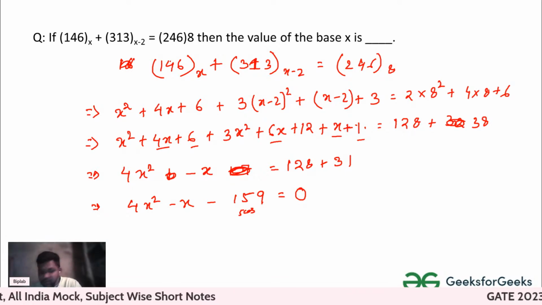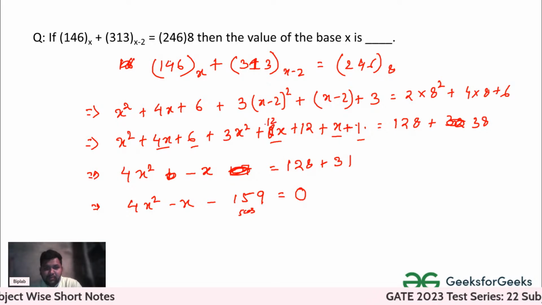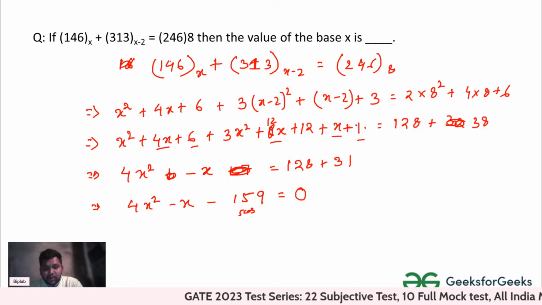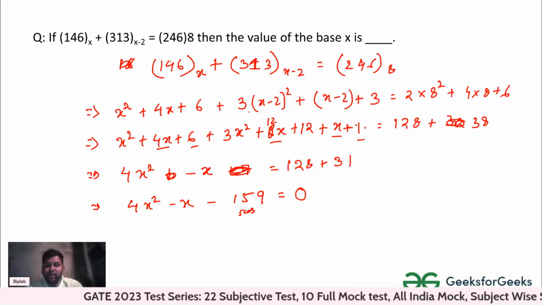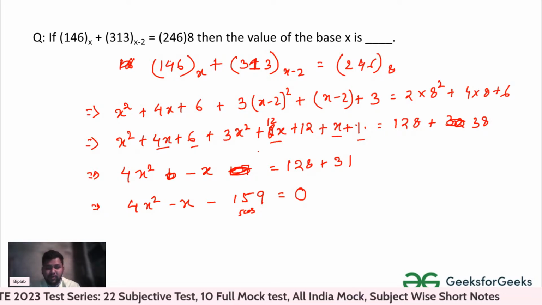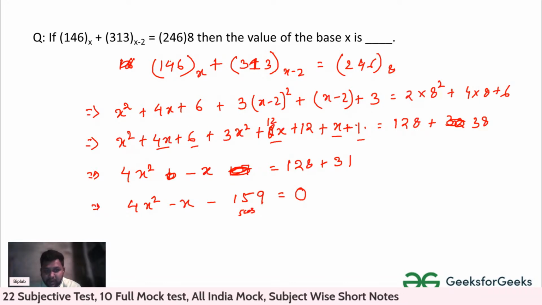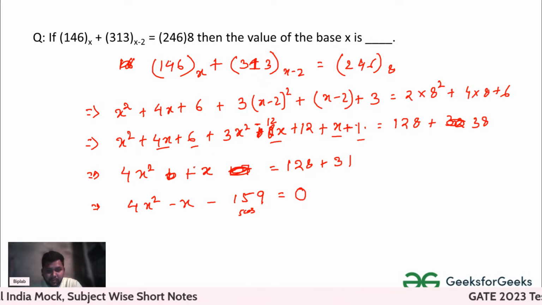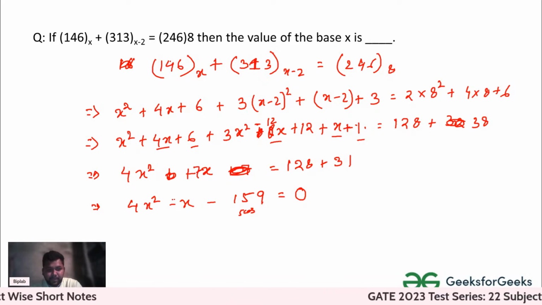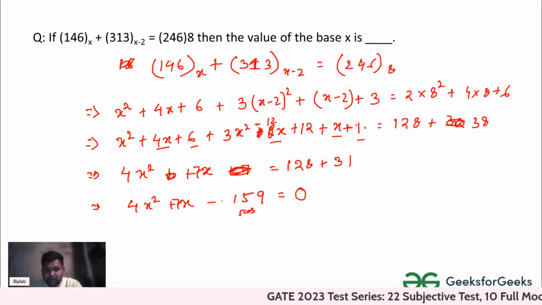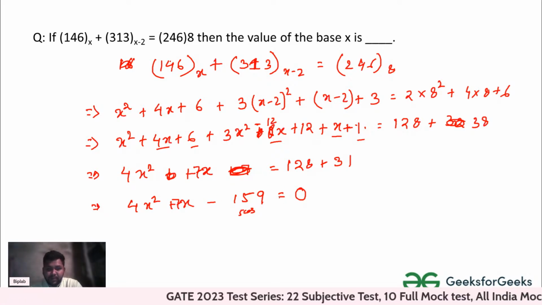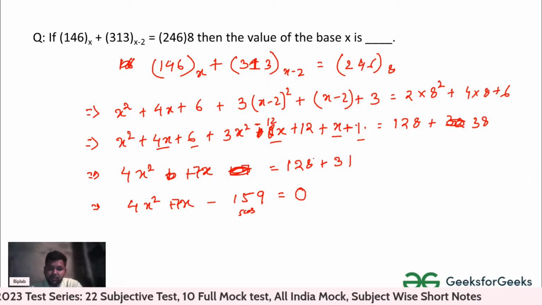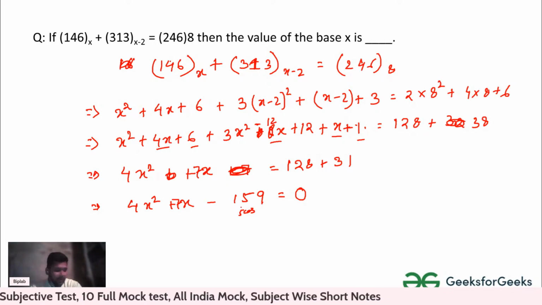It will be plus 12x. Yeah, 2 twos are 4 and 4 threes are 12. Okay, fine, thank you. So 5, it will be plus 7x. So plus 7x minus 159. I think everything else was okay. 4 threes are 12. Okay, fine.